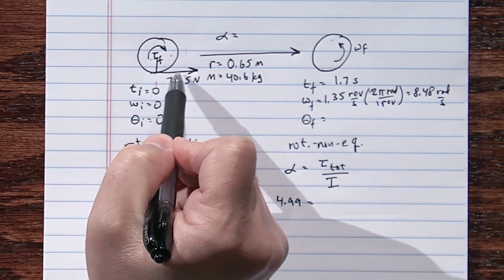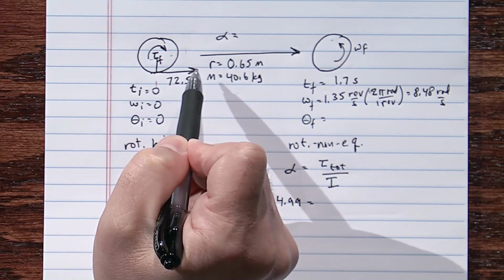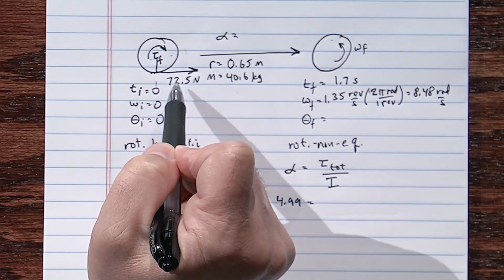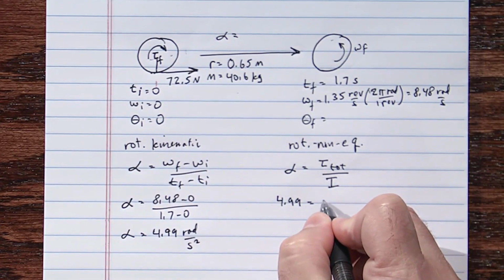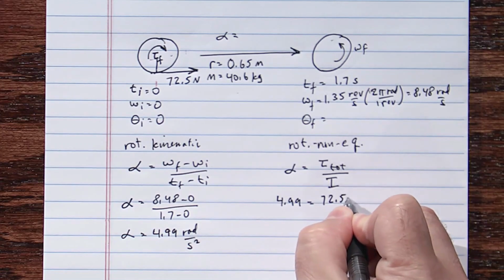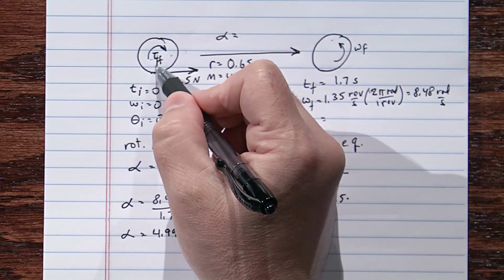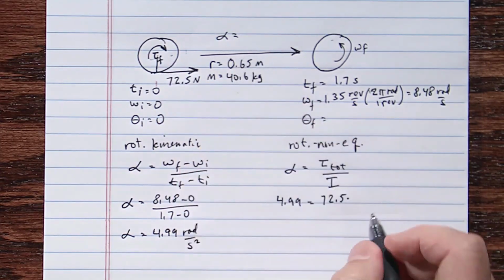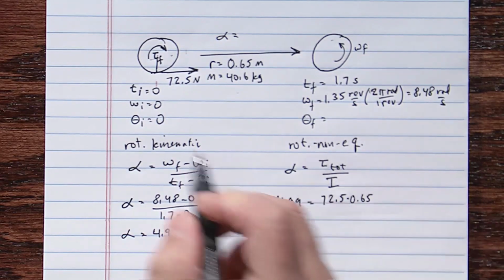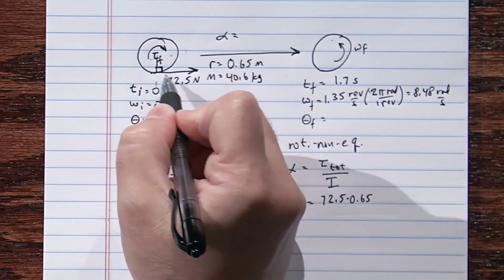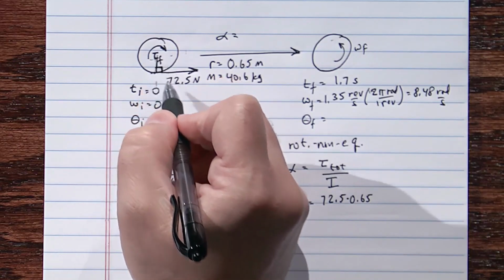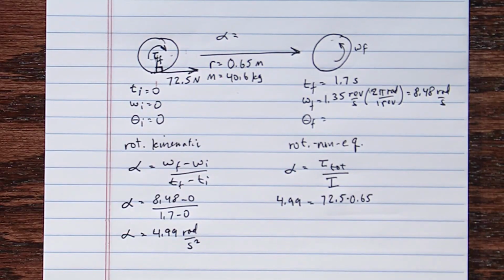We have the chain, which I've set up to give us a positive torque of force of 72.5 times the distance from the center of the gear, which is the radius of the gear, 0.65, times the angle that the force makes with the line to the pivot point, which is a right angle, so that'd be sine of 90 degrees, which is 1, and I won't write that, minus our frictional torque.